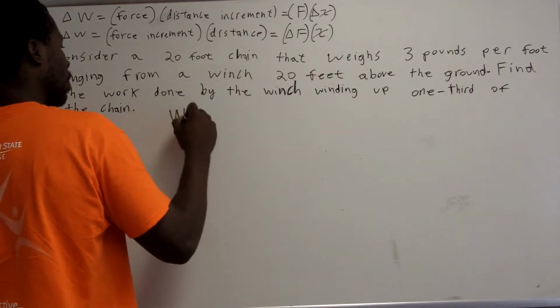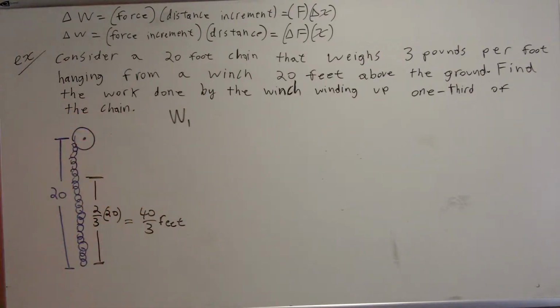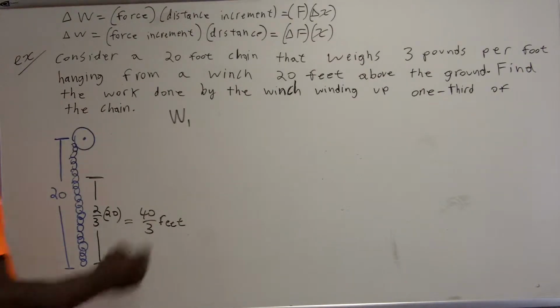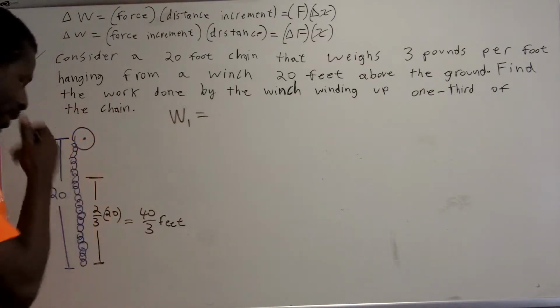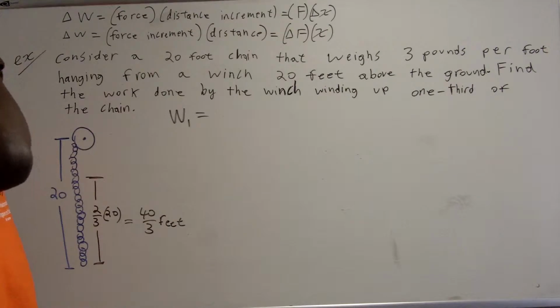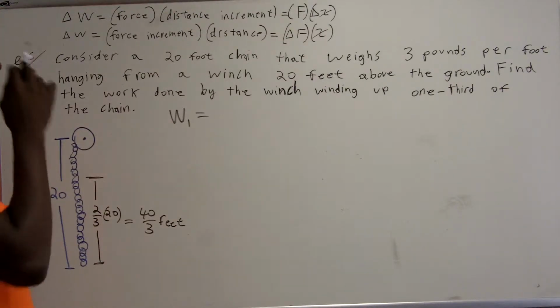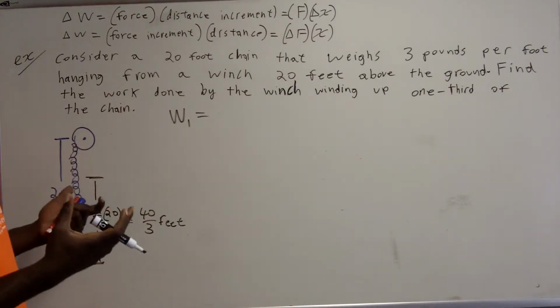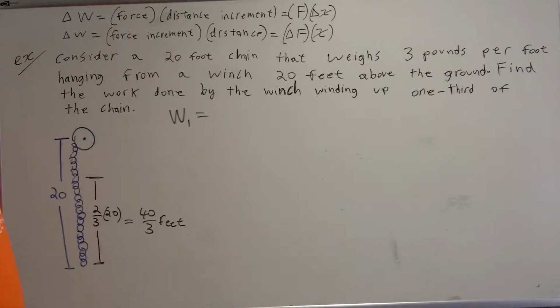Let's calculate the work done by the constant force down here. Since it's a constant force, all I have to do is figure out the force and multiply it by the distance that much chain travels.